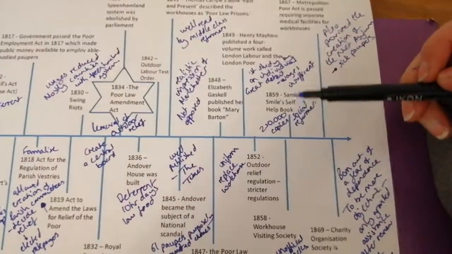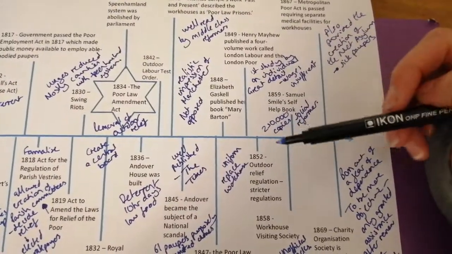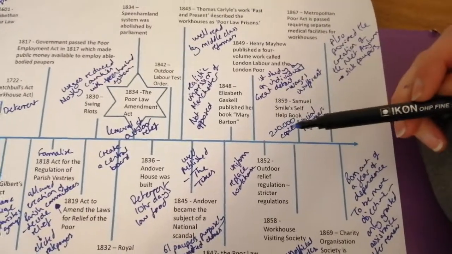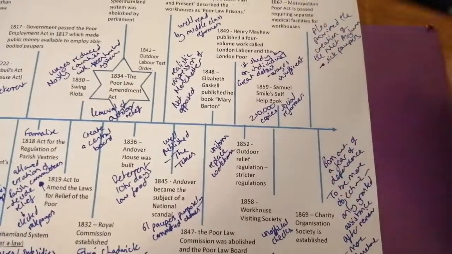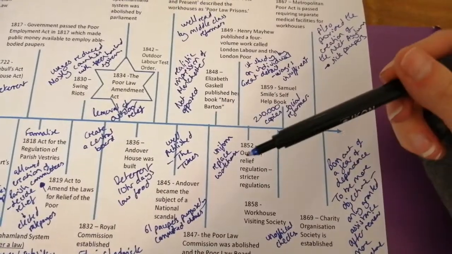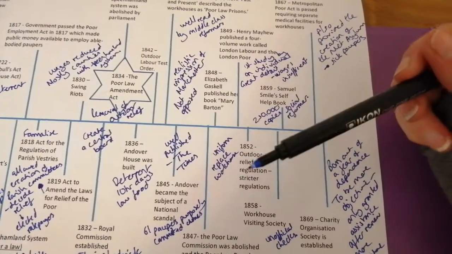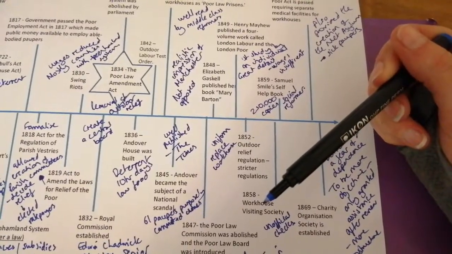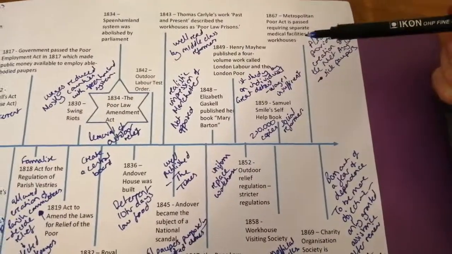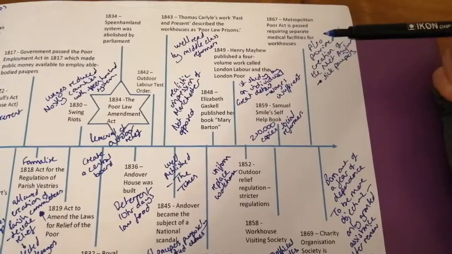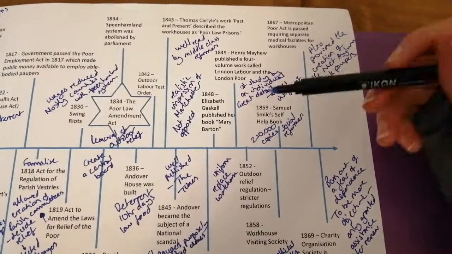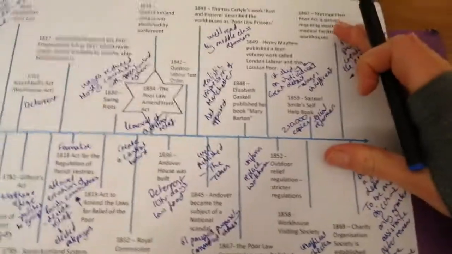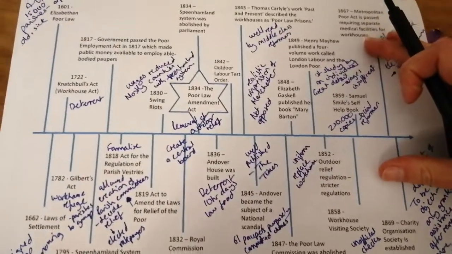And we've also got this theory of self-help, which a lot of people started to turn towards, a little bit like the ideological pressures before. This one they very much turn to. And in the meantime, we have a lot of legislation that starts to undermine this. So starting to bring back outdoor relief, starting to improve workhouse commissions, starting to bring in requiring separate facilities, and so on and so forth. And in the end, charity kind of wins the day because we have the Charity Organisation Society established.